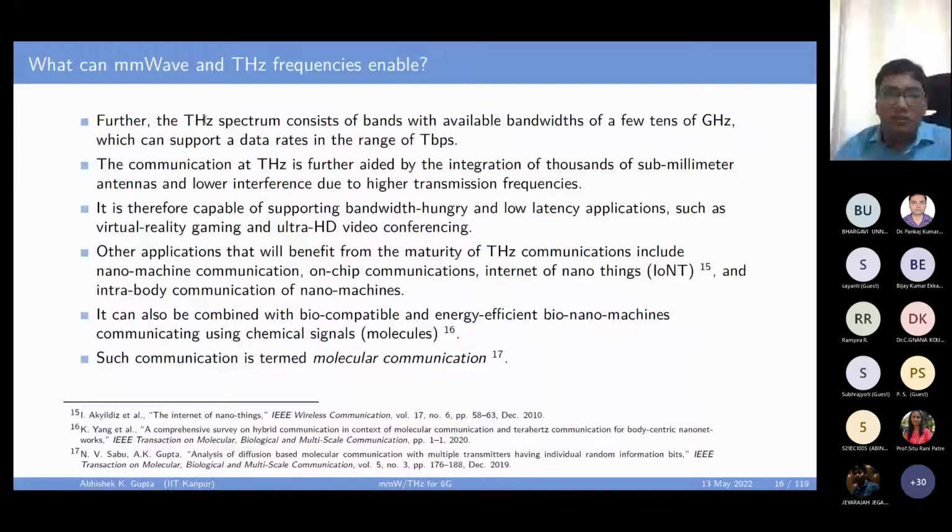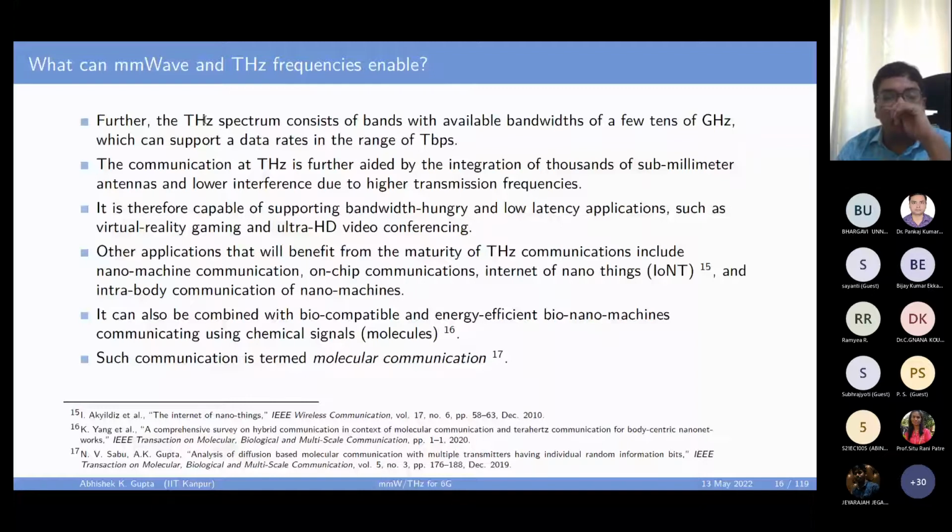Of course, terahertz can improve further in this. And we are also seeing a different type of communication, related to nano machine communication. You have these nano devices and they want to talk to each other.